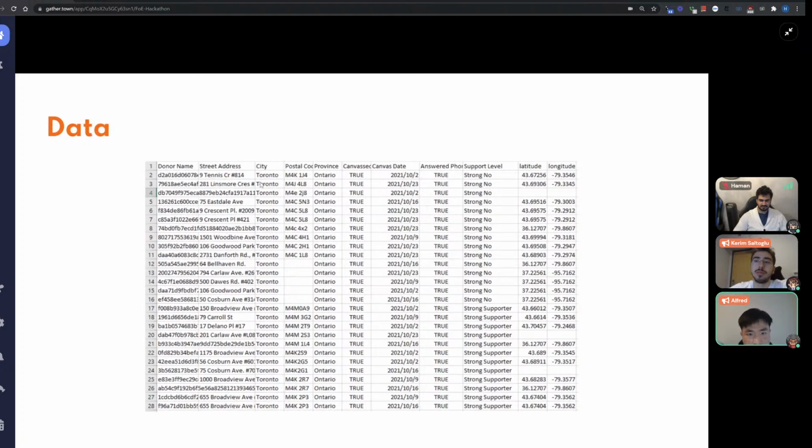So we have their address, their postal code, whether we have visited them before, and for those that are visited, whether they are strong supporters or not. And we're given the specific latitude and longitude.